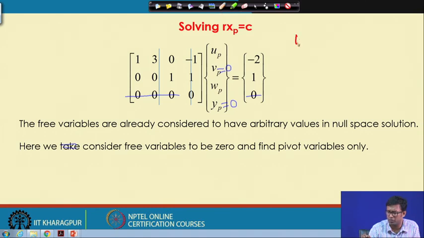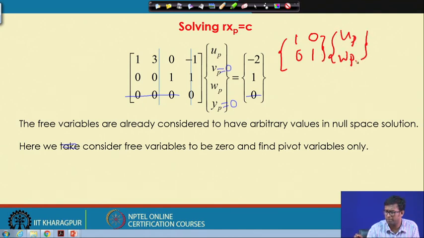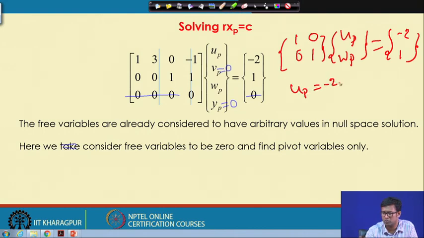So, we have the matrix 1 0; 0 1 times up wp is equal to minus 2 1, and as this is a reduced echelon form, the truncated equation is basically an identity matrix times up wp is equal to minus 2 1, and we can write that the solution is up is equal to minus 2, wp is equal to 1, and this comes with vp is equal to 0 and yp is equal to 0.